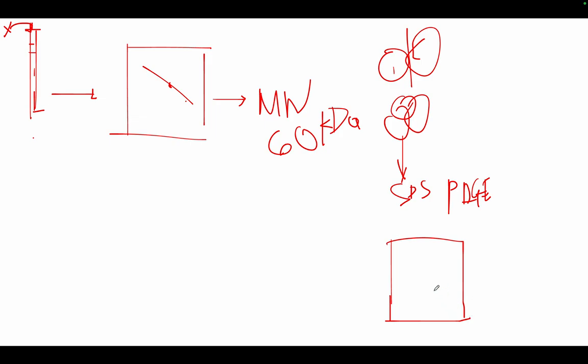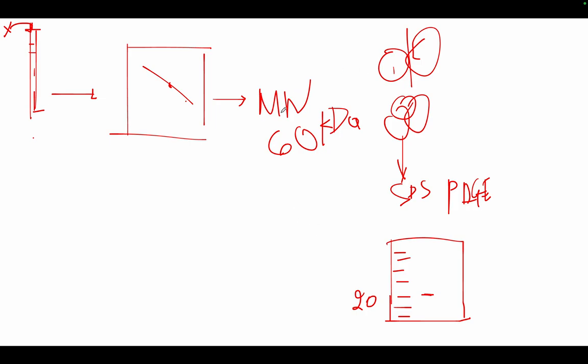Say I run this same sample in SDS-PAGE. I have some marker here, and I am getting a band at 20 kDa, which is telling me that the monomeric mass of this protein is 20 kilodalton.